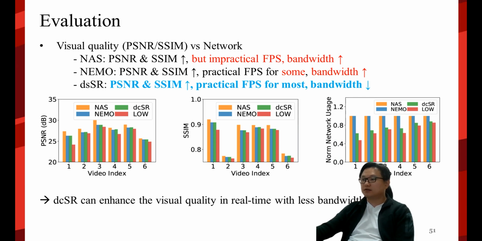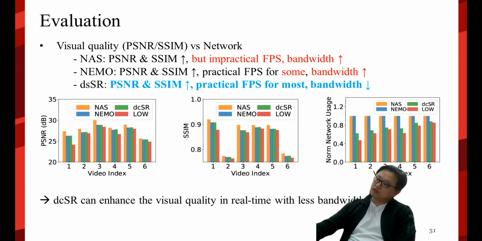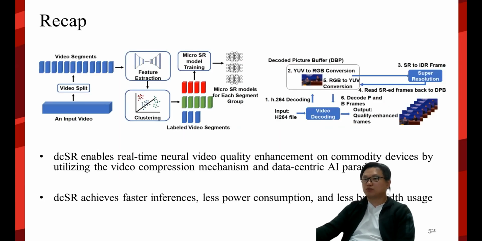SSIM, the higher the better. So DCSR stays the same as NeMo, and for the number of network parameters, the smaller the better. So I'm using a smaller network and am able to deliver high quality using super resolution.